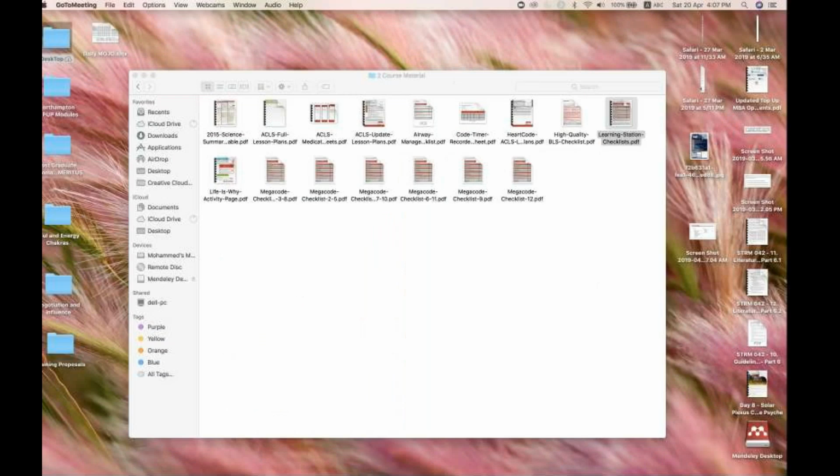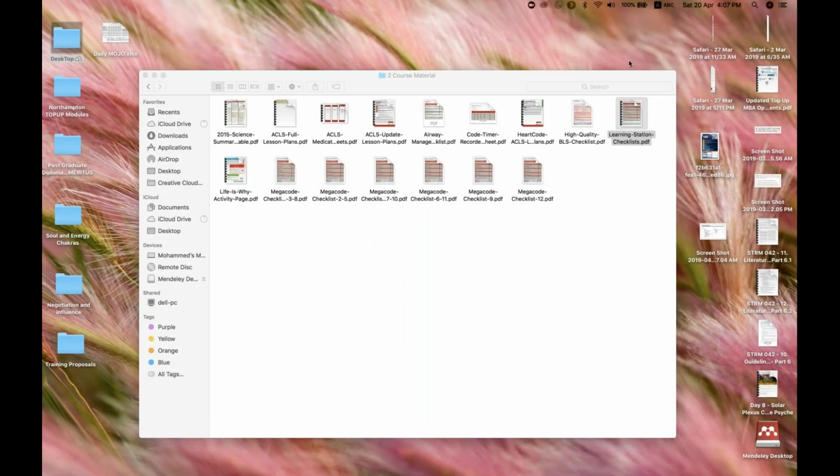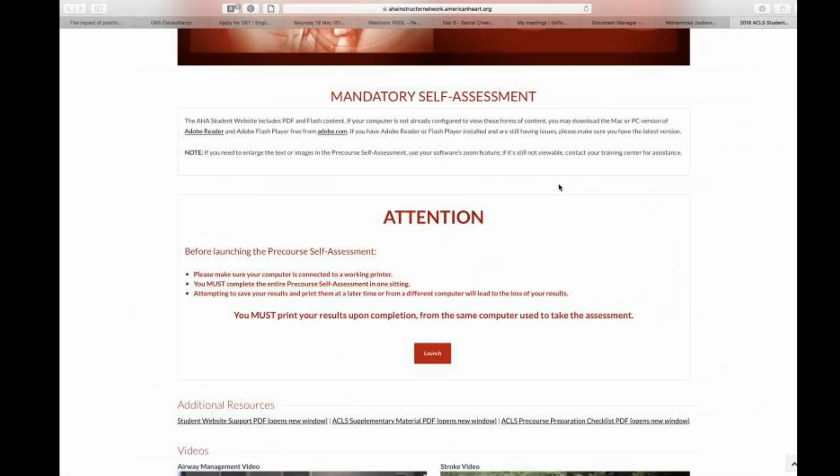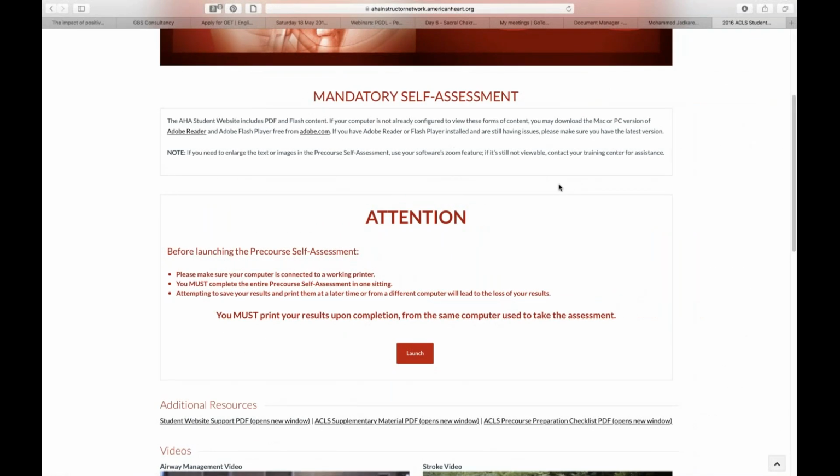We don't prefer that you do it on your mobile, although you can, but anyhow, just bring me something to tell how much your score was, because this will be added to your records in the AHA department. It's a mandatory thing to get your certificate. Without it, you will not get your certificate. So this will help you in revision and study, and it's mandatory before you come.